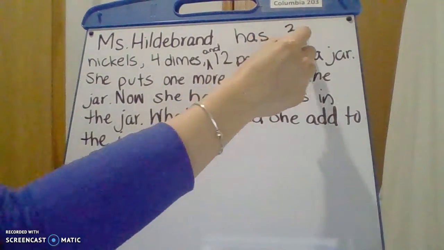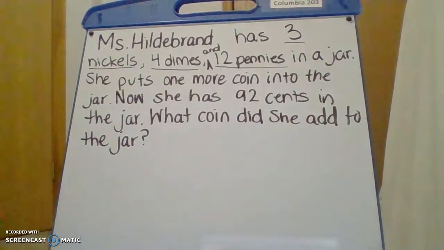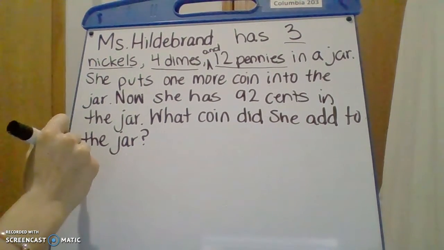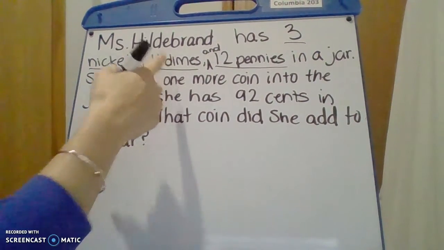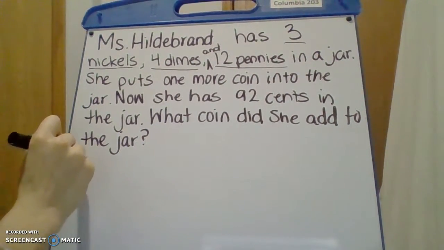Well, I know I have 3 nickels, 4 dimes, and 12 pennies. So what I'm going to do first is add those together to see how much I have. And then we'll talk about the next step. I always start with my largest amount because it's easier to count.